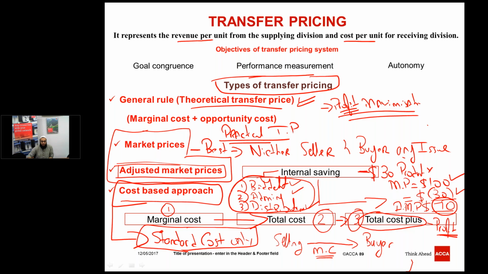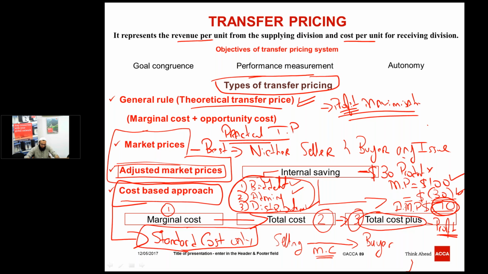So when the seller is getting savings by transferring internally, it can go for adjusted market price. And what is that? External selling price. From the external selling price, the seller can deduct the savings it gets by transferring internally. The remaining figure is set as the adjusted market price, which I mentioned here in the working.